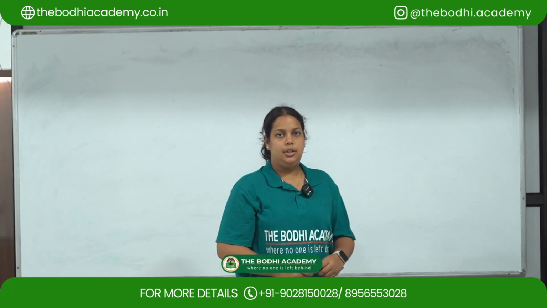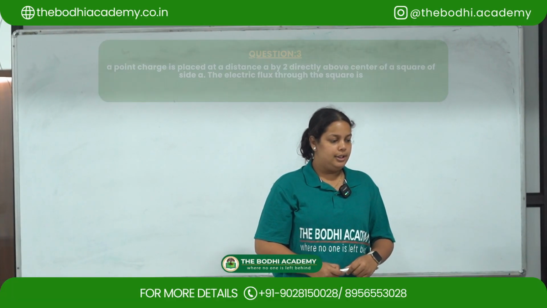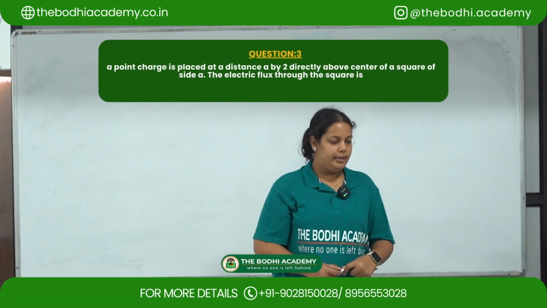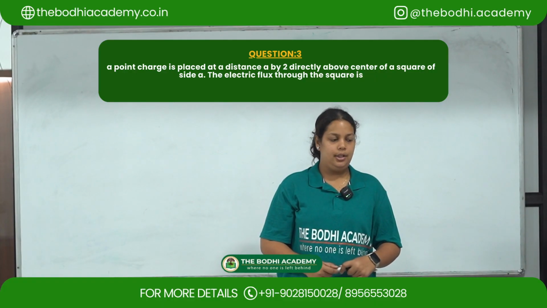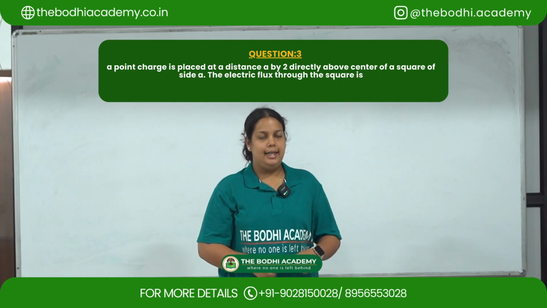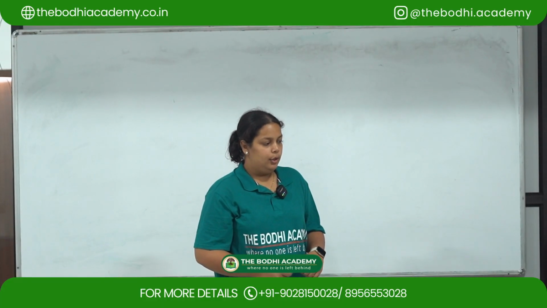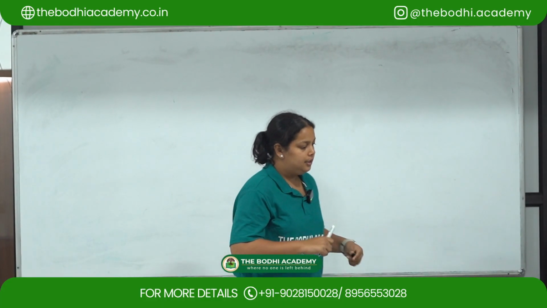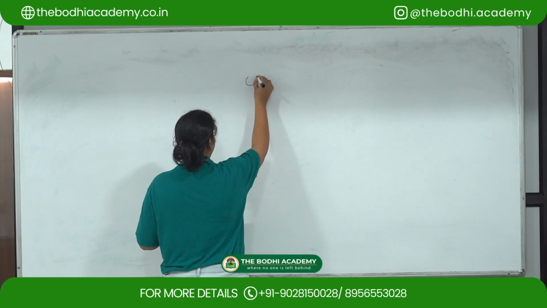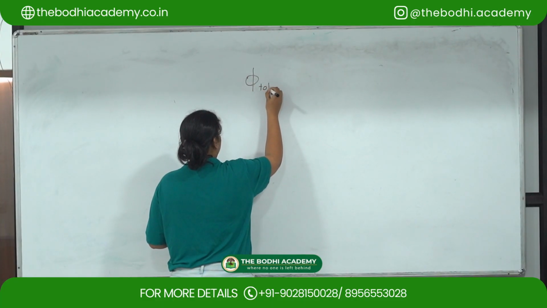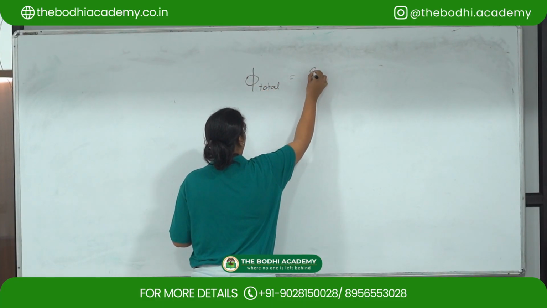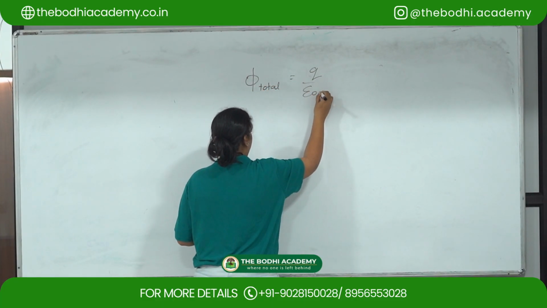So coming to the third question, a point charge is placed at a distance a by 2 directly above the center of a square of side a. The electric flux through the square is. So for a cube, the total electric flux is Q by epsilon naught.